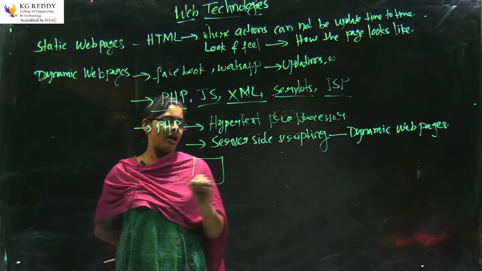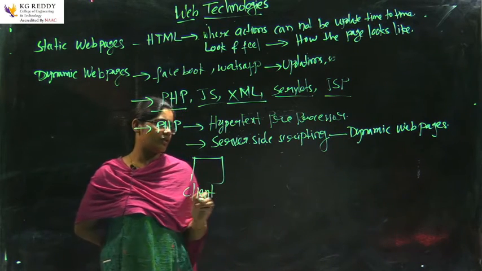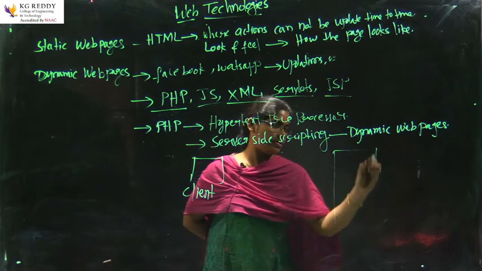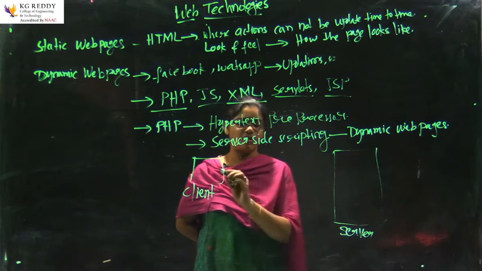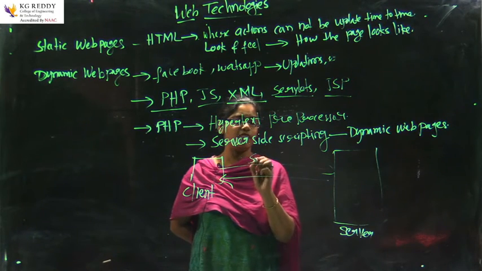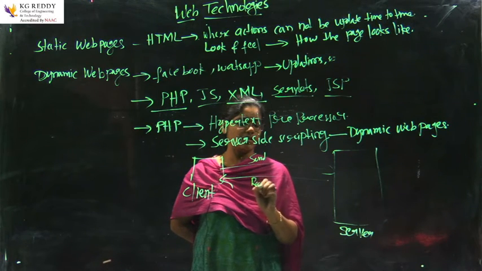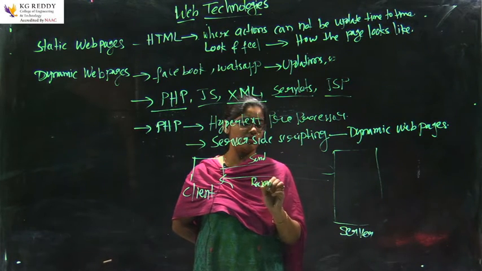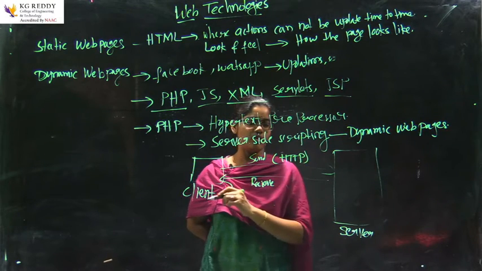Suppose we have a client machine and a server, and we can send and receive information by using a protocol called hypertext transfer protocol.